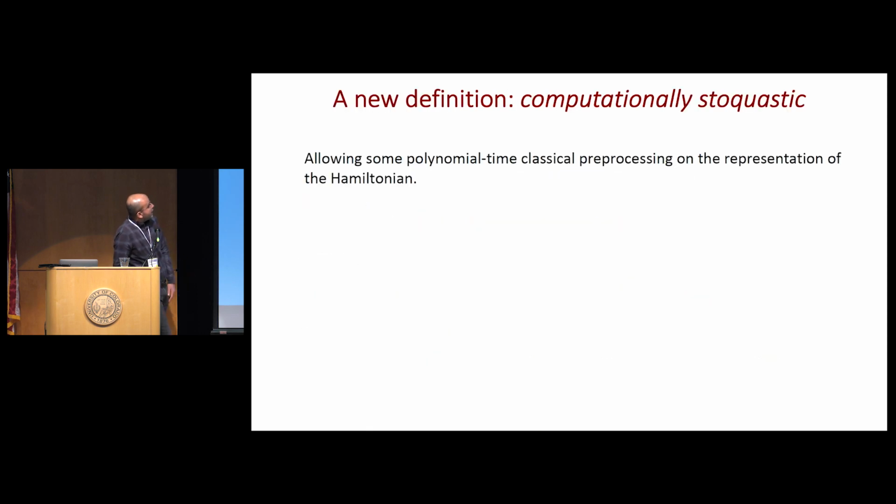I hope till now I have motivated a new definition, which is let's allow some polynomial time classical pre-processing on the representation of the Hamiltonian that you are given, and try to make it stochastic.